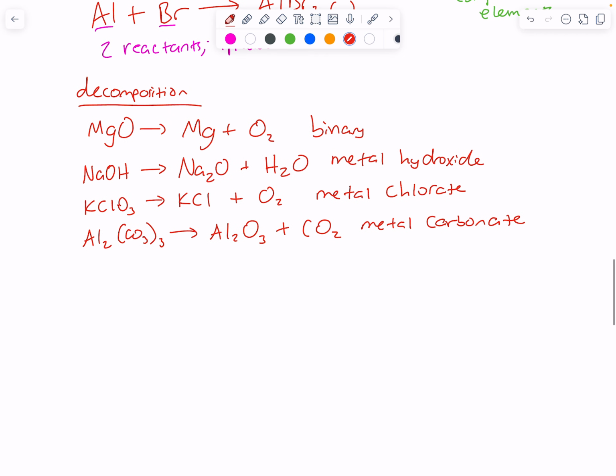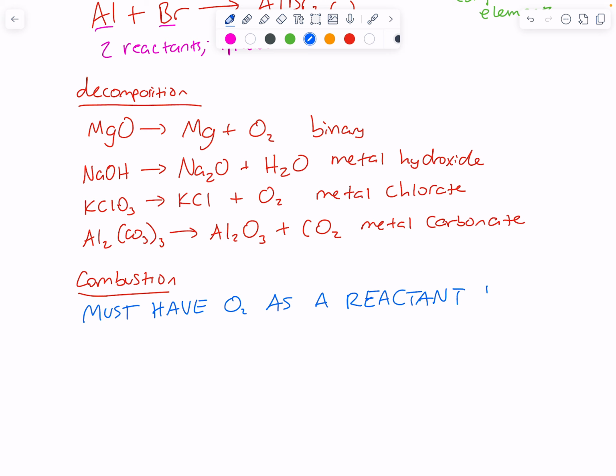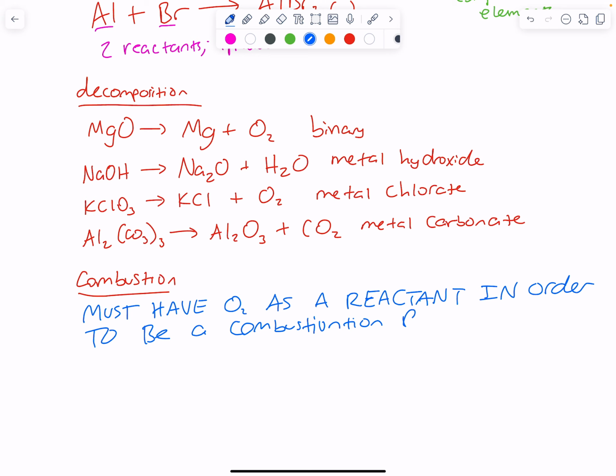Next, combustion. Very big blue words: must have O2 as a reactant in order to be a combustion reaction.